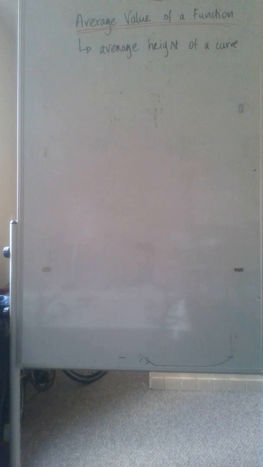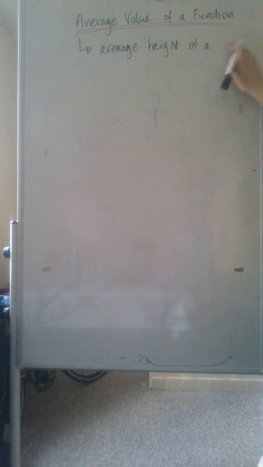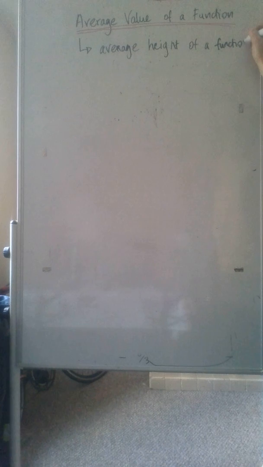Average is adding up, let's say, two numbers and dividing by two, or whatever it is you're looking at. But here you're not just dealing with lines, you're dealing with curves as well. That's why we bring in the integration. It does it for all types of shapes, curves, lines. Maybe I'll change that to function, any kind of function. Okay.